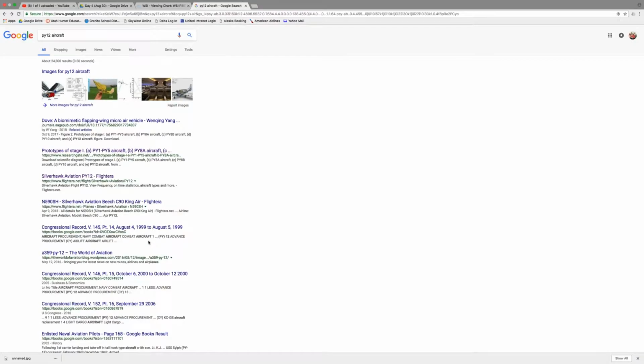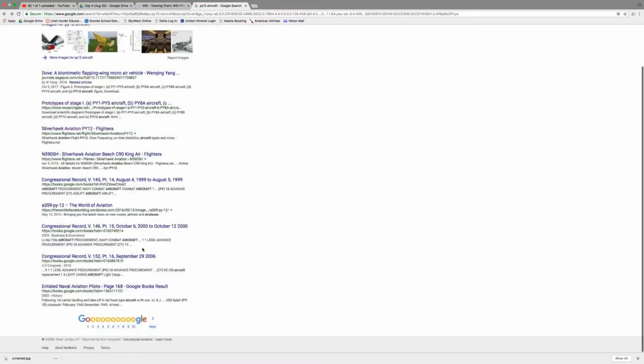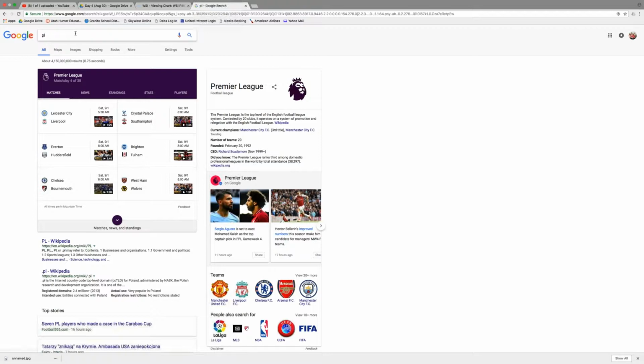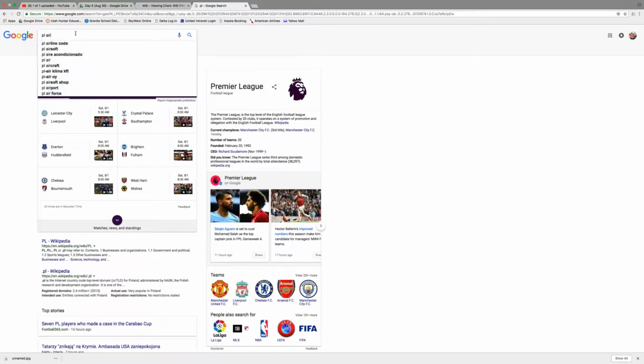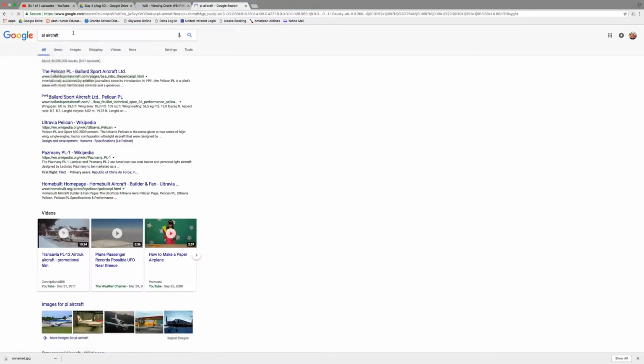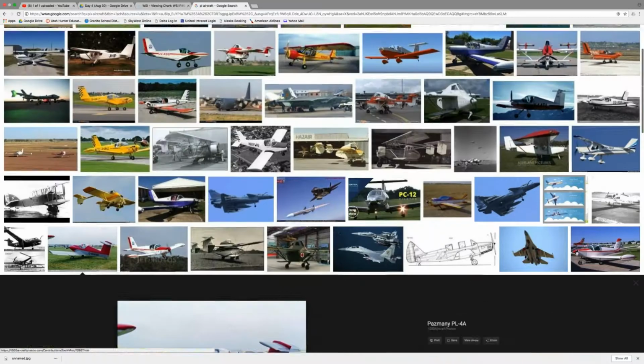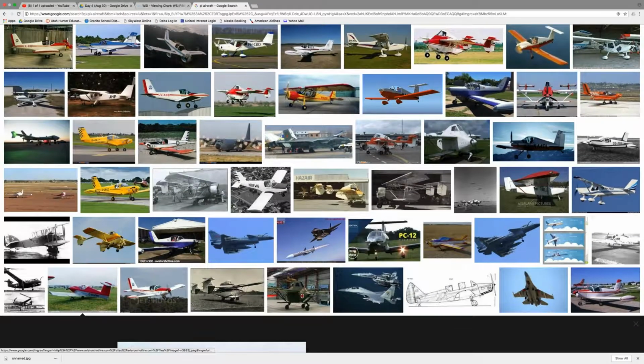I can't remember all of them. What's the Pilatus PL aircraft? Pelican. There you go. Sometimes I have to look it up.